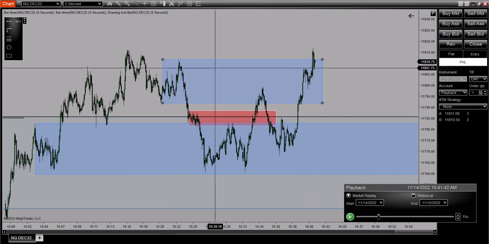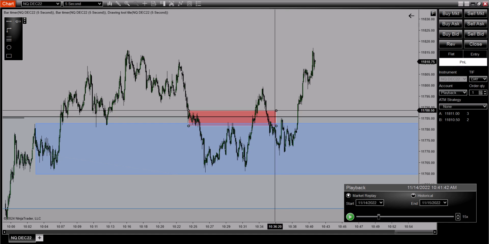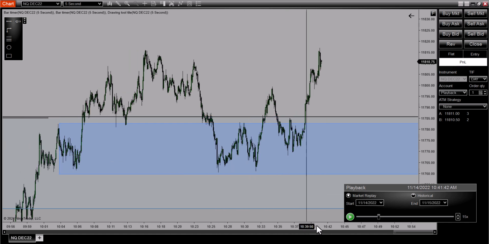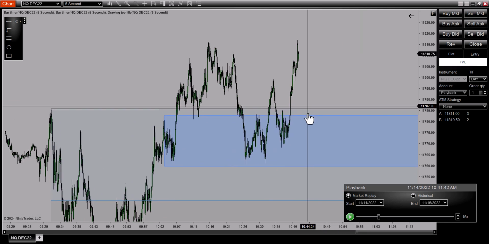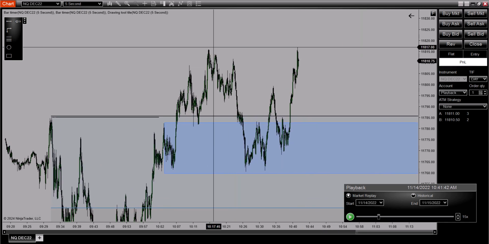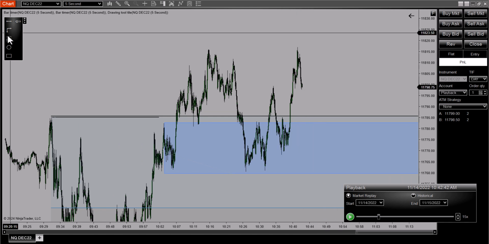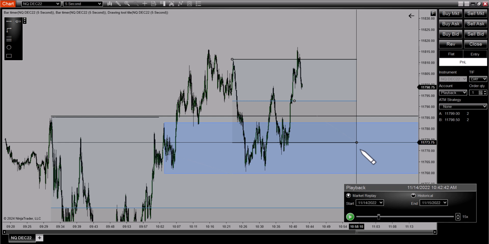This zone is important. I also violated this here. Now we have a range to work with, right? Let's wait. I want to see price come back to here. We have this range.